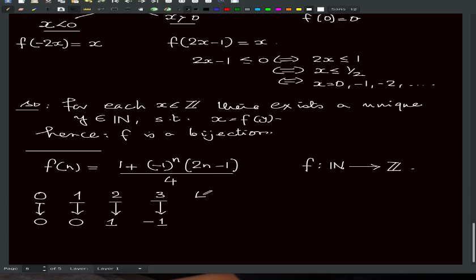This one is 7, so this is 8, going to 2. And 5 is going to minus 2. So possibly they didn't have 0 in their domain, so their natural numbers possibly start from 1. Yes, and this is also another function. Agreed.